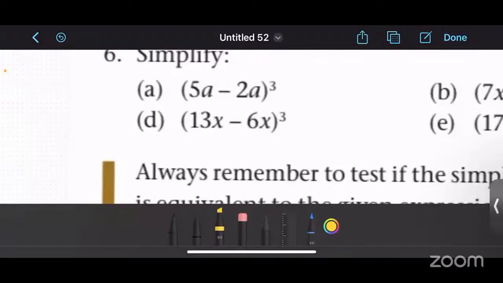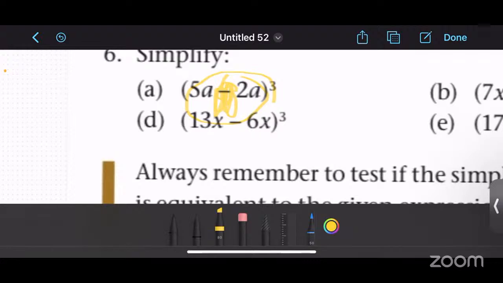There's things that you can do, there's things that you cannot do, right? So the best way is to check whether whatever is inside the brackets can be simplified. If it can be simplified, then you simplify it, and then you solve the whole thing like we did in the previous questions, right?